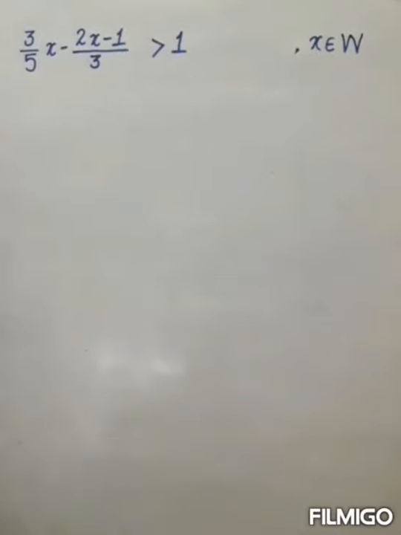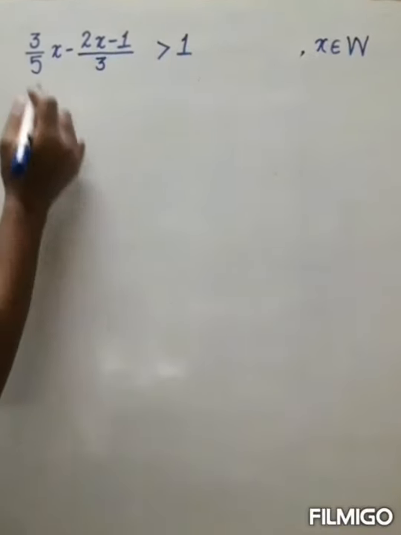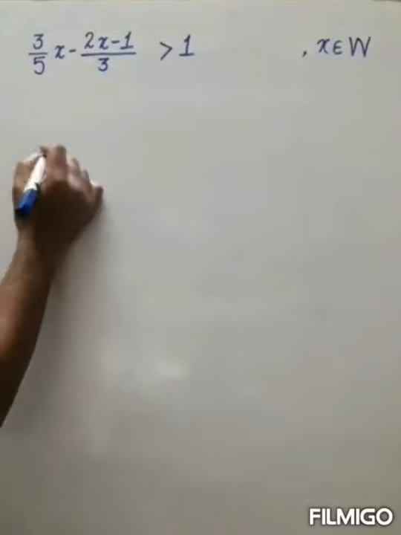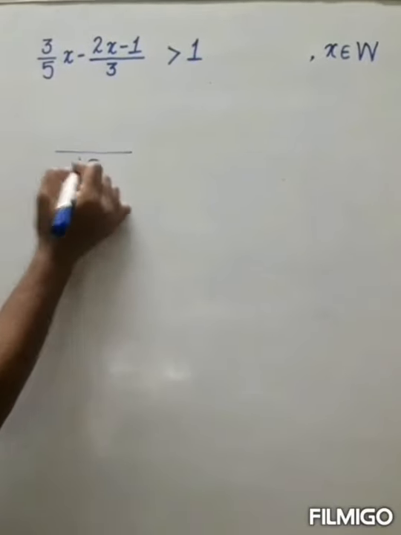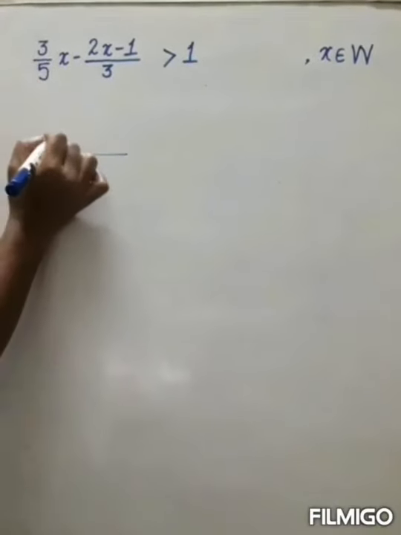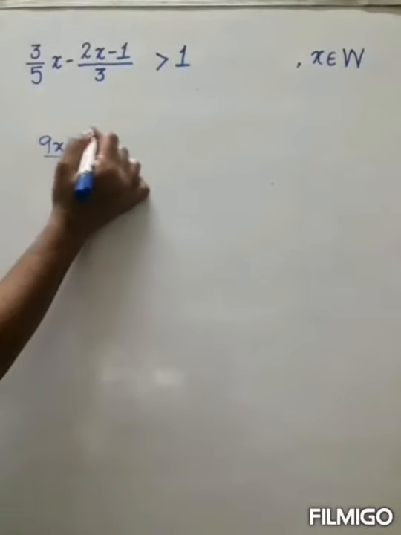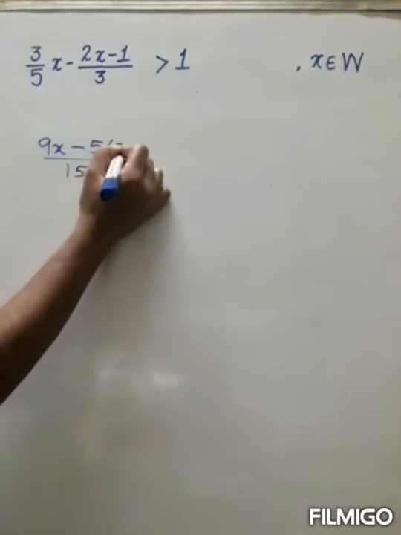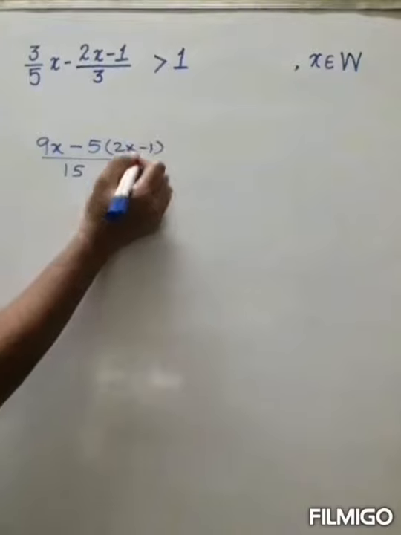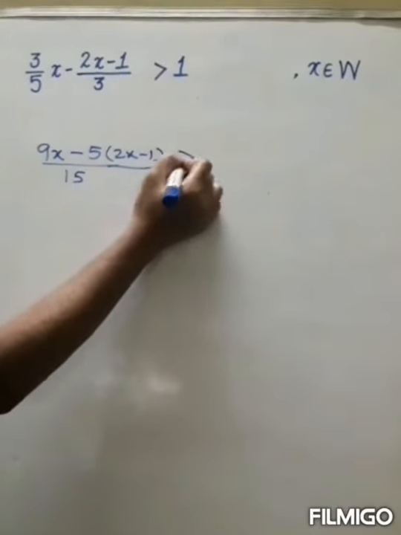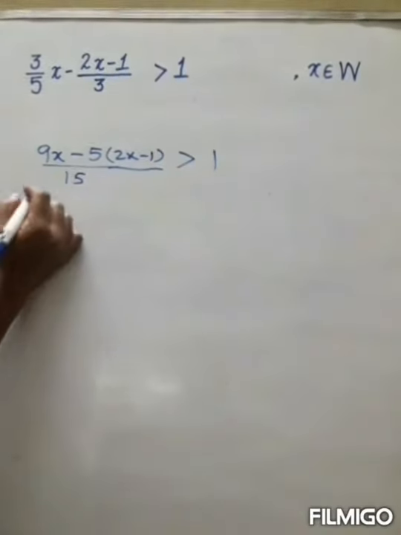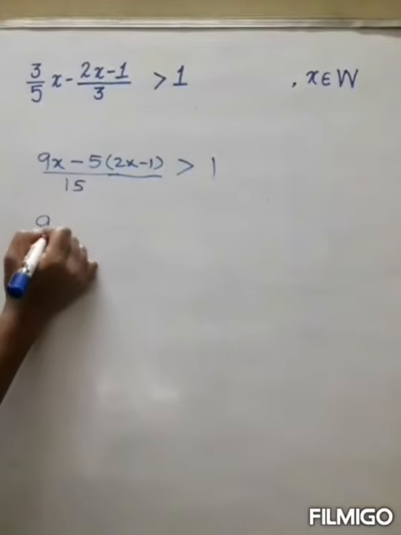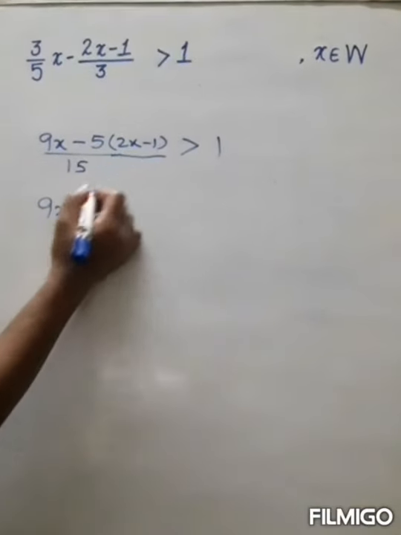We are going to solve this first problem. Now here 5 and 3 will give you the LCM 15. Now this will become 9x minus 5 times 2x minus 1, and here we have greater than sign 1. Then 9x, this minus 5 will be multiplied with both.